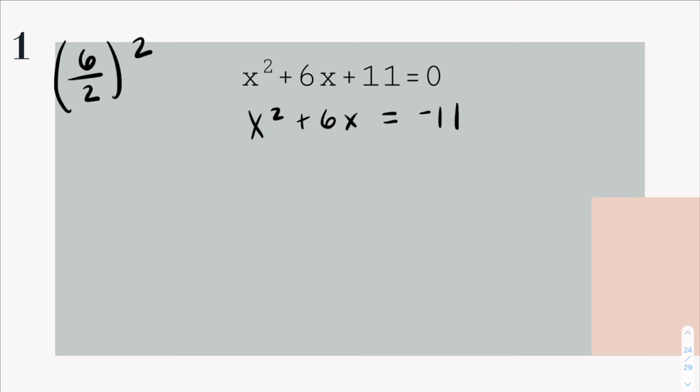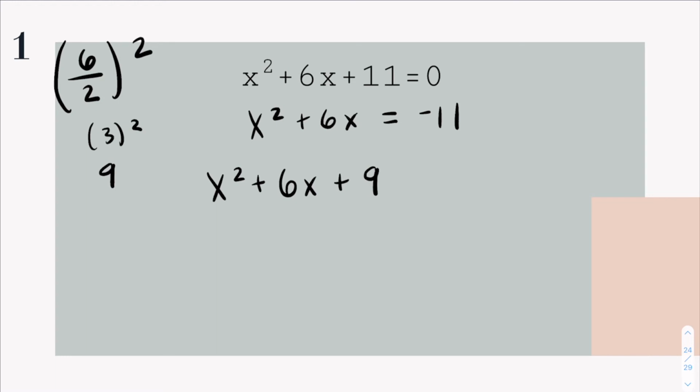So 6 divided by 2 is 3, and 3 squared gives us 9. So once we get that number, we're going to add that number to both sides. Adding it to the left-hand side is what completes the square, okay? Adding 9 to the left-hand side completes the square, and then we can write that as a perfect square trinomial.